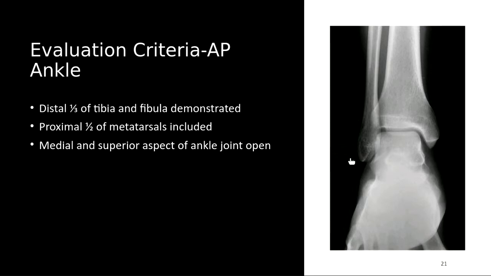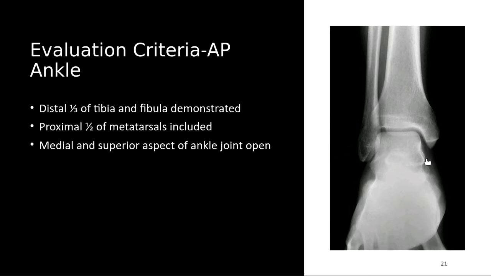Okay, so again, this would be a right ankle because this is lateral, so this is fibula. So the medial aspect of the joint is open, and then a little portion of the superior joint is open. This right in here is not open. Okay, but that's okay because we expect that on the AP.